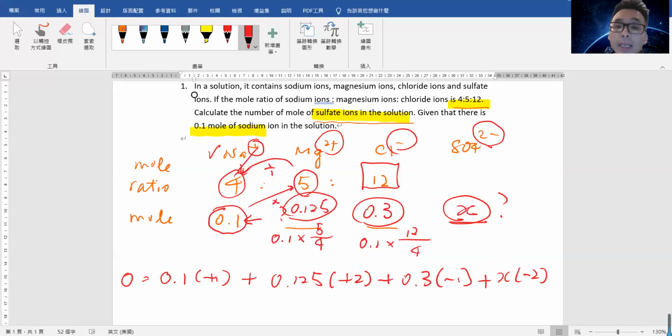Then in this mathematical equation, you can only find one unknown. Let's solve it together.